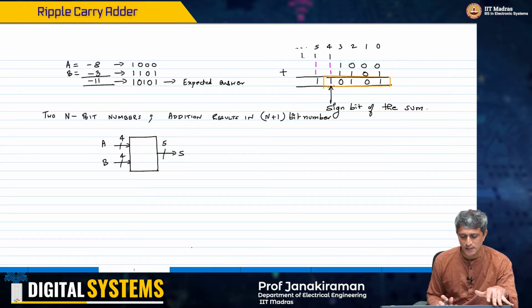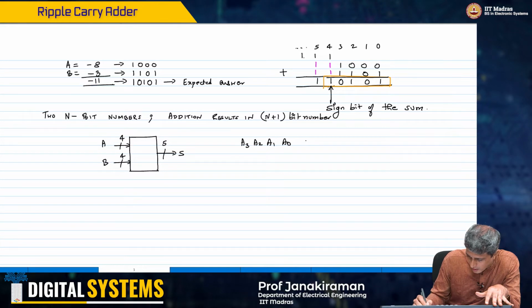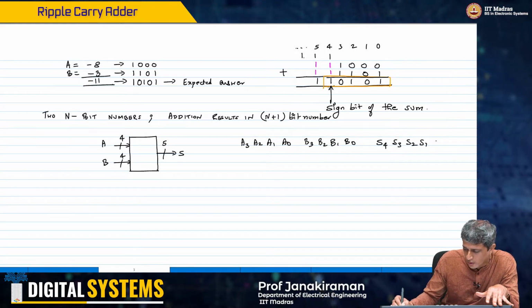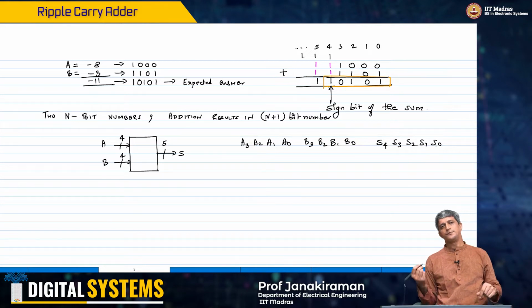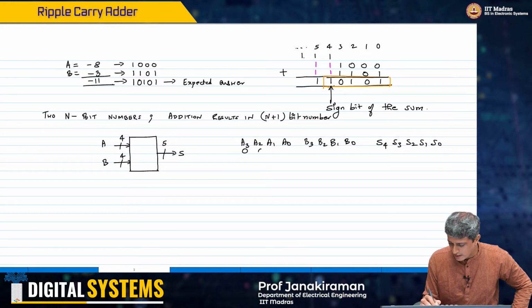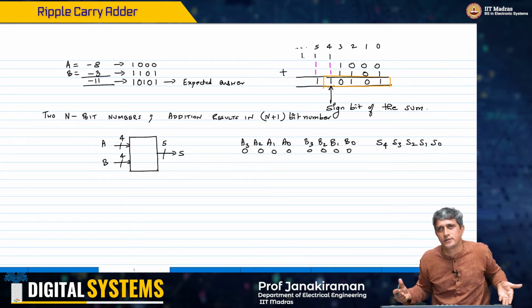So I can simply treat this as A3, A2, A1, A0, B3, B2, B1, B0, and then 5 outputs, S4, S3, S2, S1, S0. Technically, you can look at this as an 8-bit input, A and B, and go through all 2 power 8 combinations.